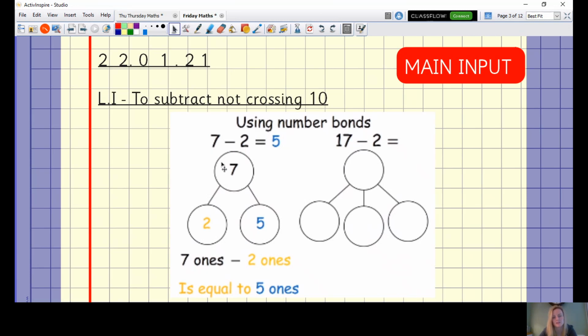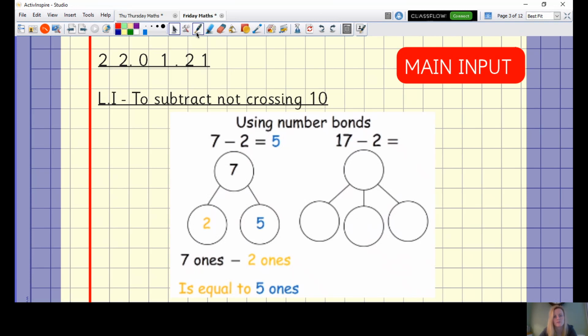So it will be 7 in this example. 7 minus part would equal the other part. I've got 7 minus 2 equals 5, because I know that 2 plus 5 equals 7. So 7 ones minus 2 ones is equal to 5 ones.